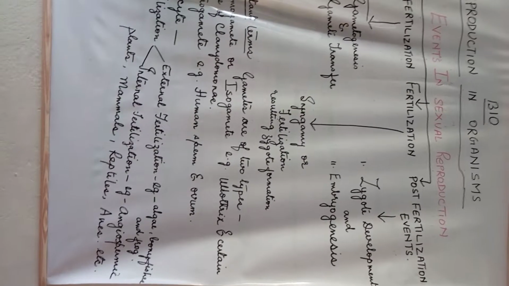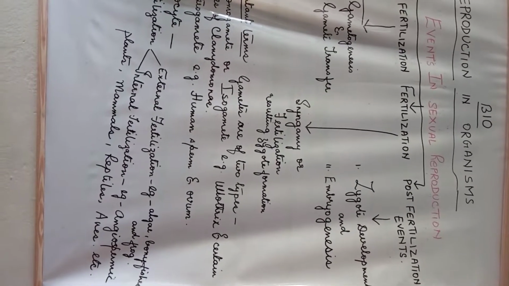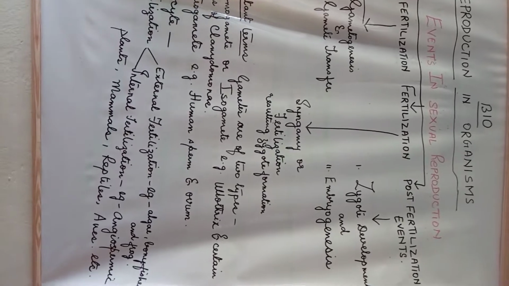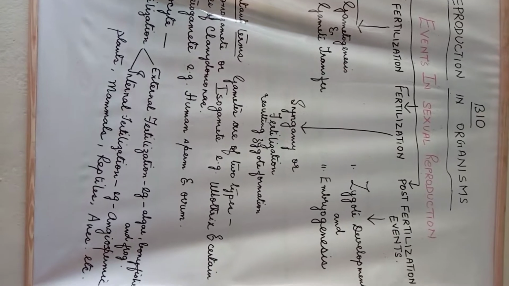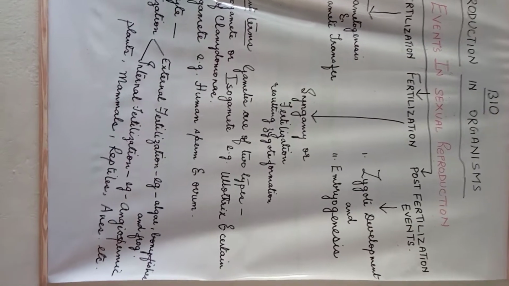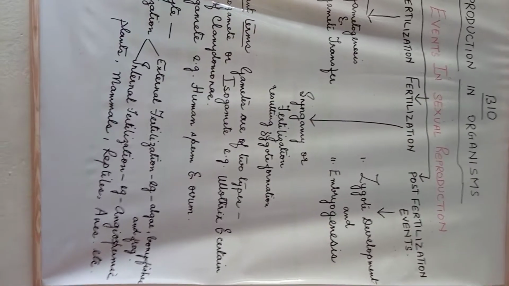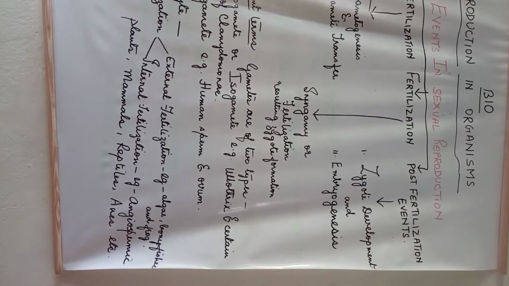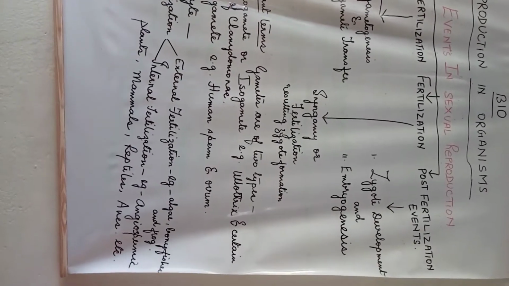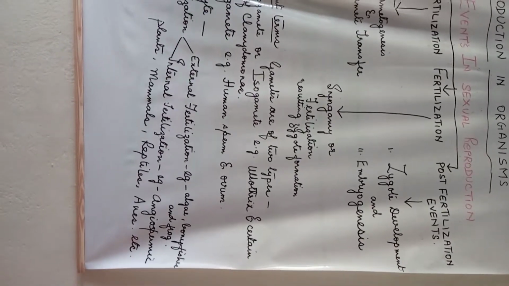Heterogametes: when the fusing gametes are of two morphologically and physiologically distinct types, they are called heterogametes. The male gametes are called sperms and the female gametes are called ova. Now, cell division taking place during gamete formation. As we all know, gametes are haploid, though the parent body that forms the gametes may be haploid or diploid.